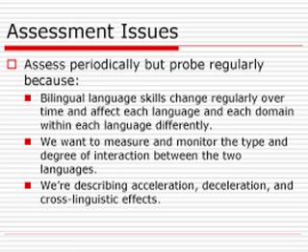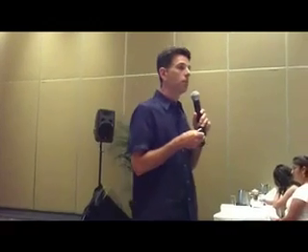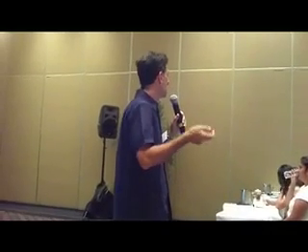So we want to measure and monitor the type and degree of interaction between the two languages and describe acceleration, deceleration, and cross-linguistic effects. In applying this to intervention, we need to expect interaction between the two languages. We want there to be interaction, so that if kids know that these common elements exist, will they use those from a therapeutic standpoint?